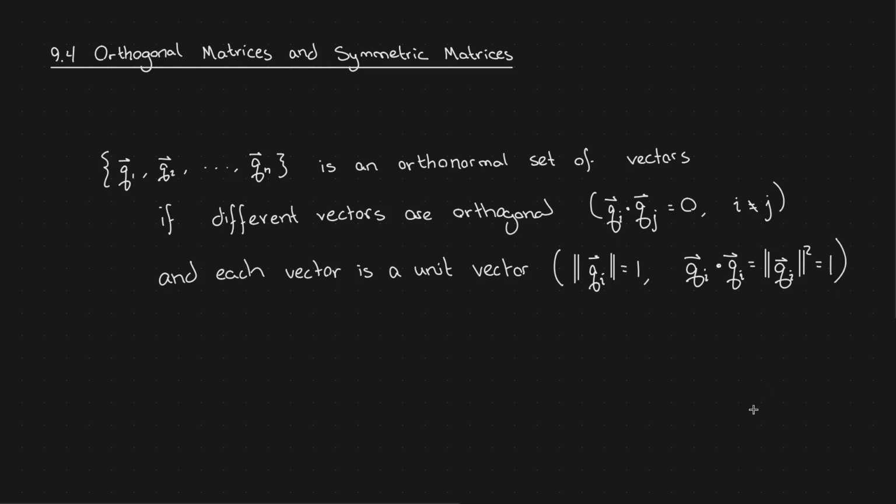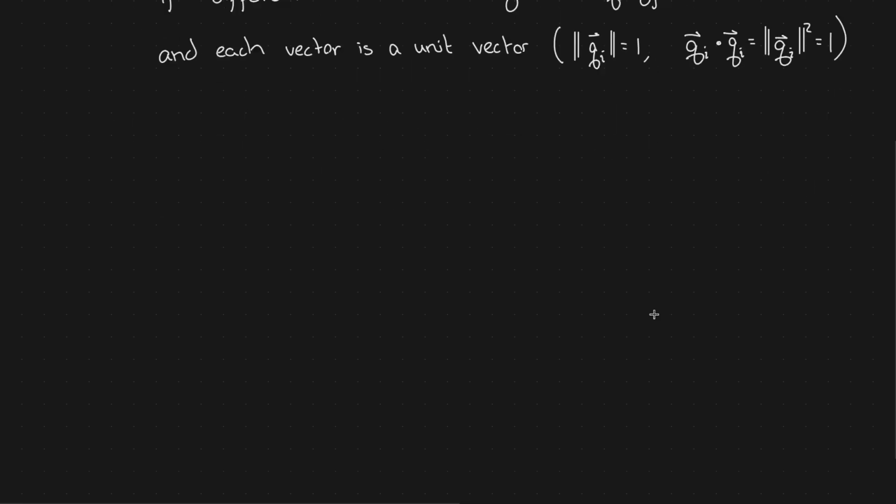Okay? So what we're going to do is explore this a little bit. What if we use an orthonormal set of vectors as the columns of a matrix? Okay? So let Q be a matrix with an orthonormal set of columns.